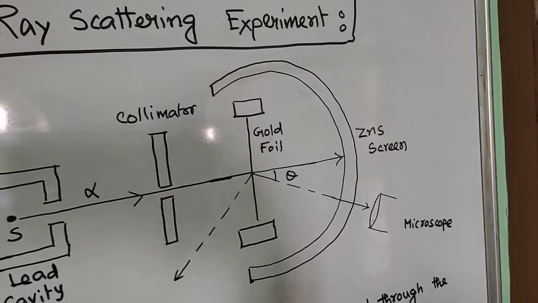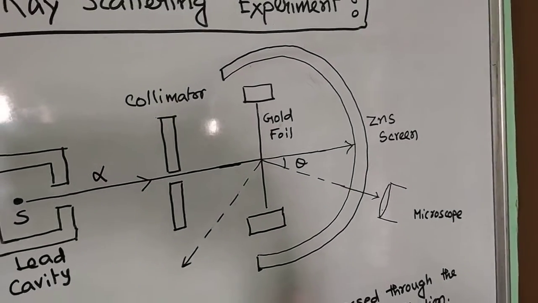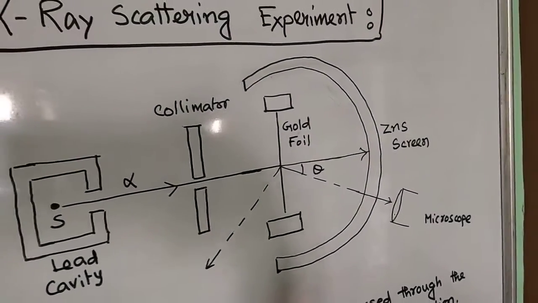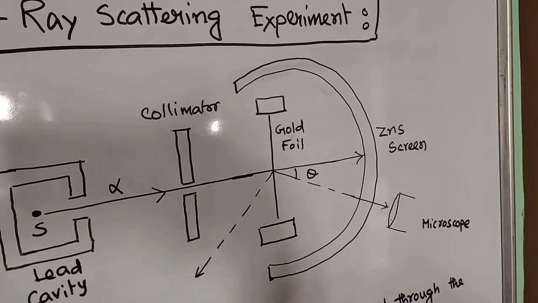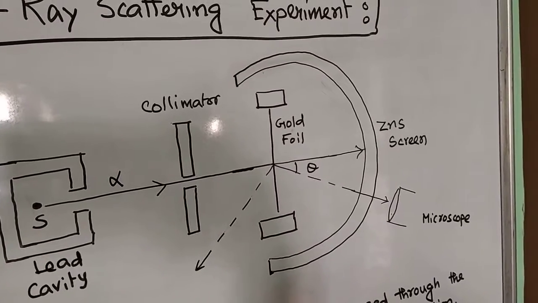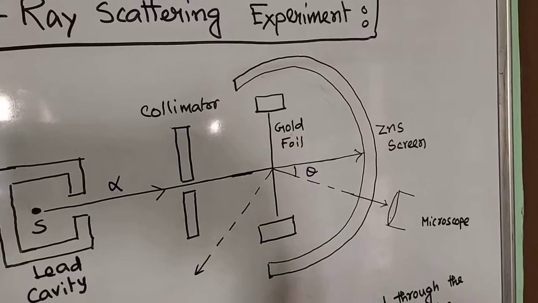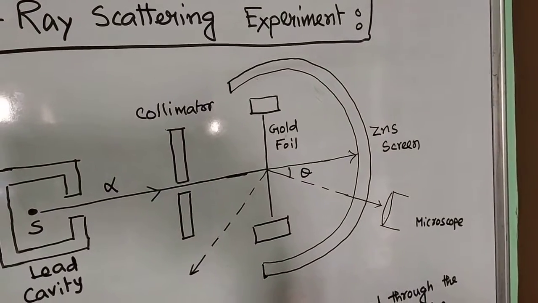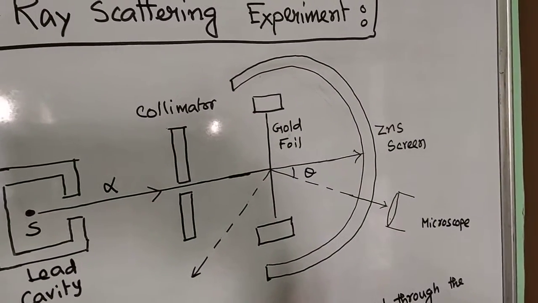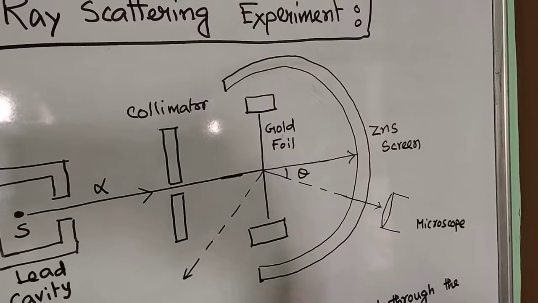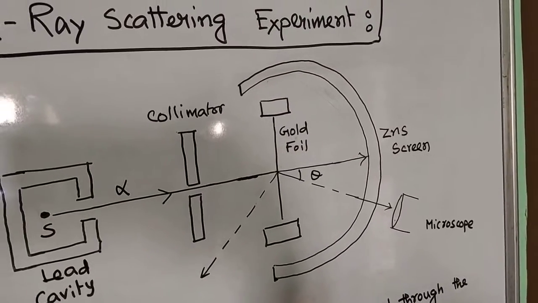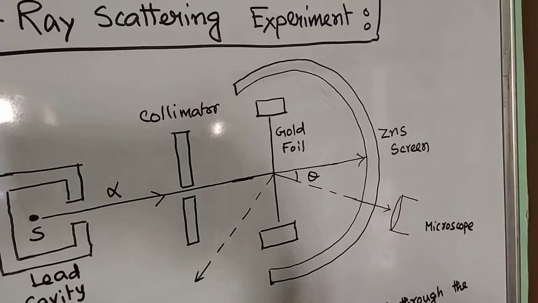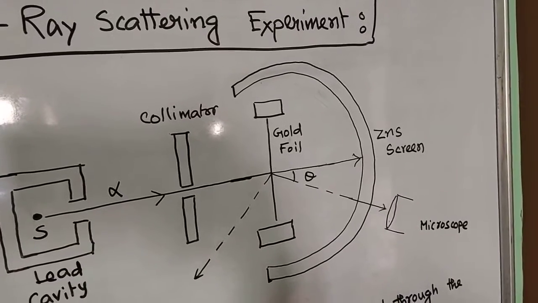That's why the alpha particle goes through without suffering any kind of obstacle. And some alpha rays move by an angle theta, and that can be observed by the microscope. This is a movable microscope. That's why we have considered only a single ray from the alpha source, and the rest we have given as dotted.